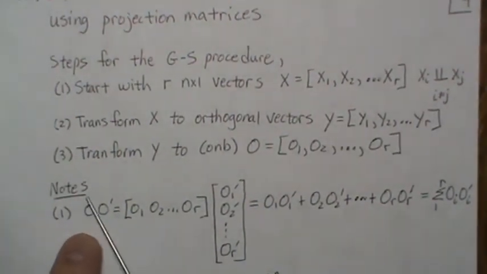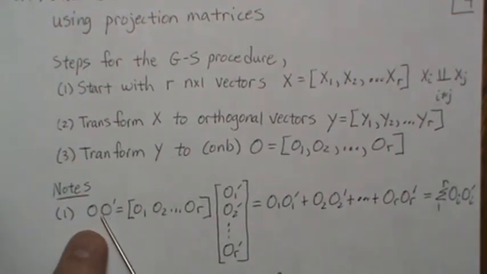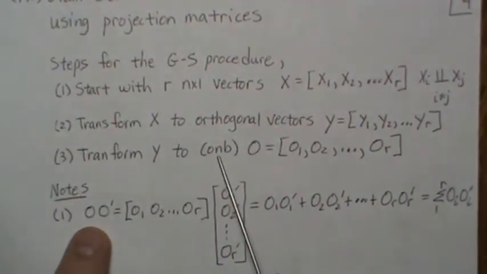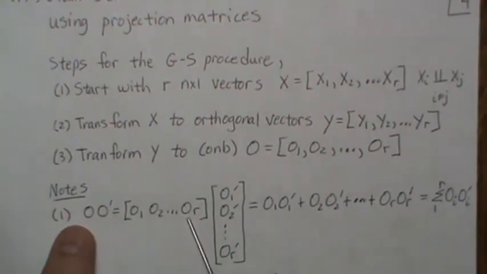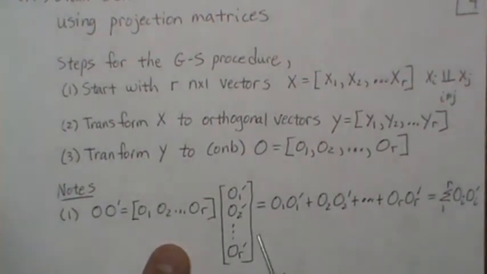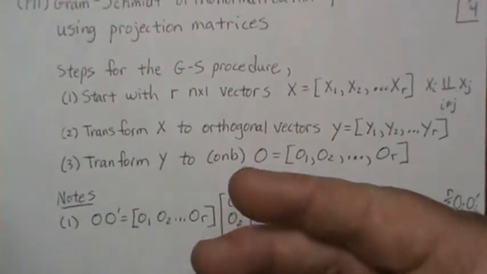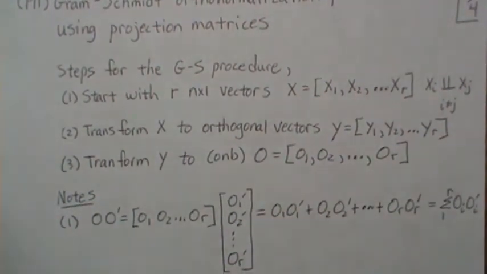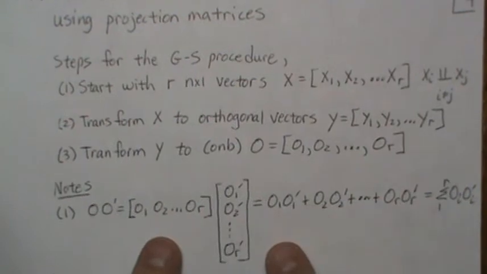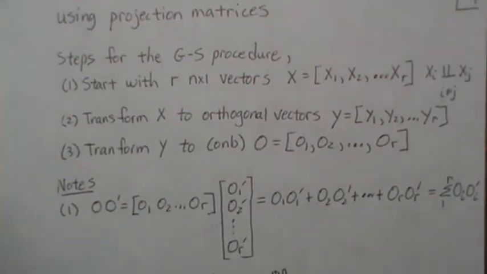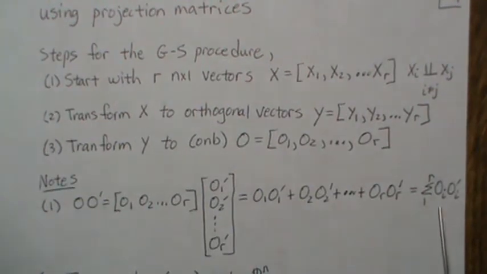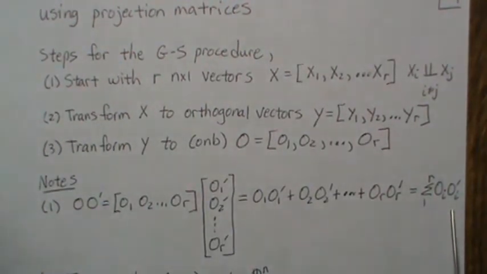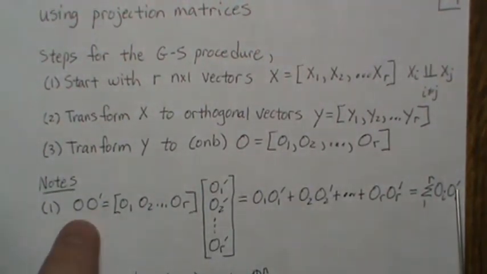OO transpose. Remember, this is where these are orthogonal or orthonormal bases. O is this, and then the transpose, you transpose it like that, and they become rows. But then when you multiply this out, you get this sum, right? And then this can generically be written as the sum of these Oi Oi transpose.